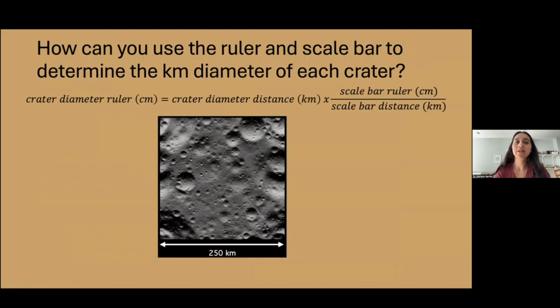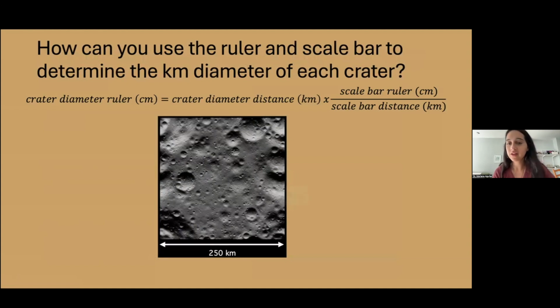So we'll be using this equation. Whatever the diameter of the crater is in centimeters using your ruler is going to be equal to whatever the actual distance is in real life in kilometers, which we don't know. You're going to multiply that by however long your scale bar is, measured by your ruler and by what it says.